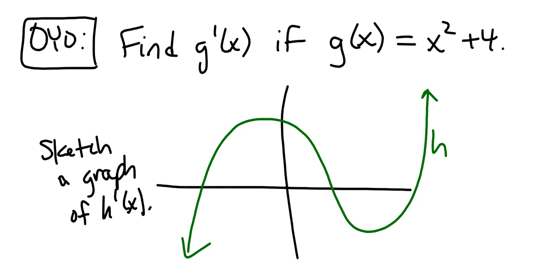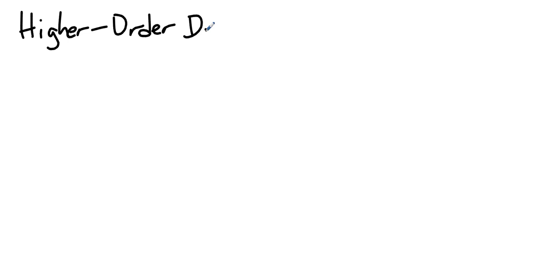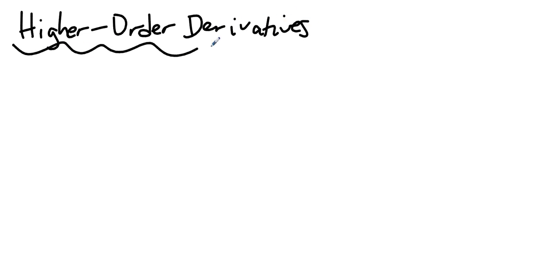One other quickie to get in before our 15 minutes are up. I want to say a quick word about higher order derivatives. All higher order derivatives are derivatives of derivatives. If we take the derivative of the derivative, that's a higher order derivative.